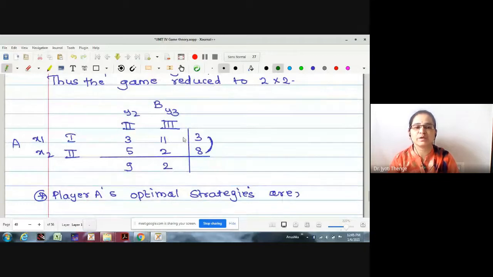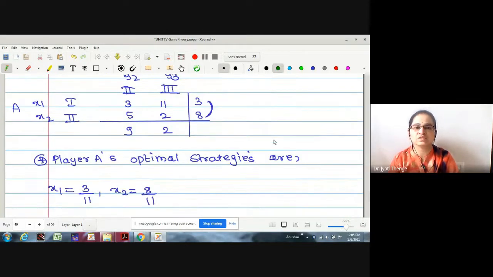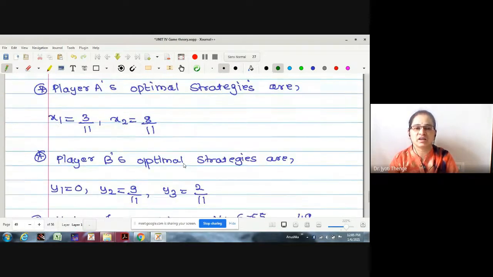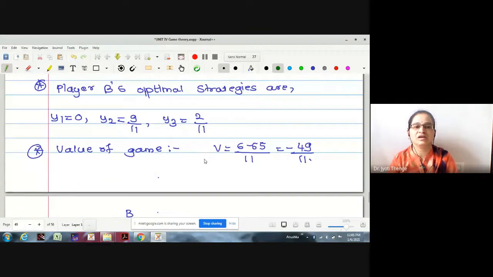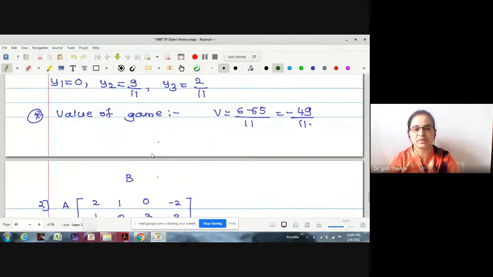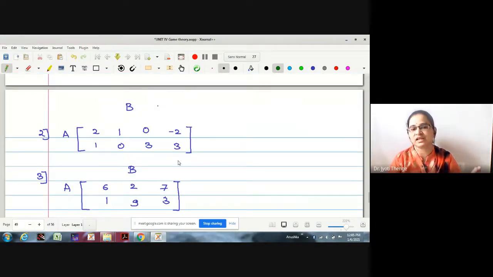From the payoff matrix, we are going to take only the second and third column, the second and third activity of the player B. And this is a 2 by 2 matrix, which we can solve very easily with the arithmetic method. Here we have found the optimal strategies of player A, the optimal strategies of player B, and the value of the game as well. This is what we did in the last lecture.